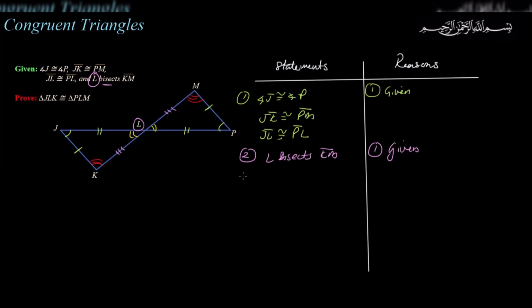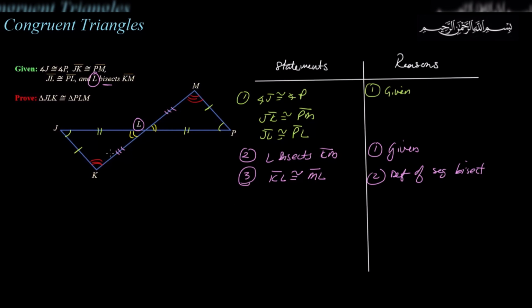So in step 3, since it bisects it, I'm going to say KL is congruent to ML, like this. So KL is congruent to ML because of definition of a segment bisector, or midpoint, that's cool. So that's a midpoint. It bisects the segment into two.